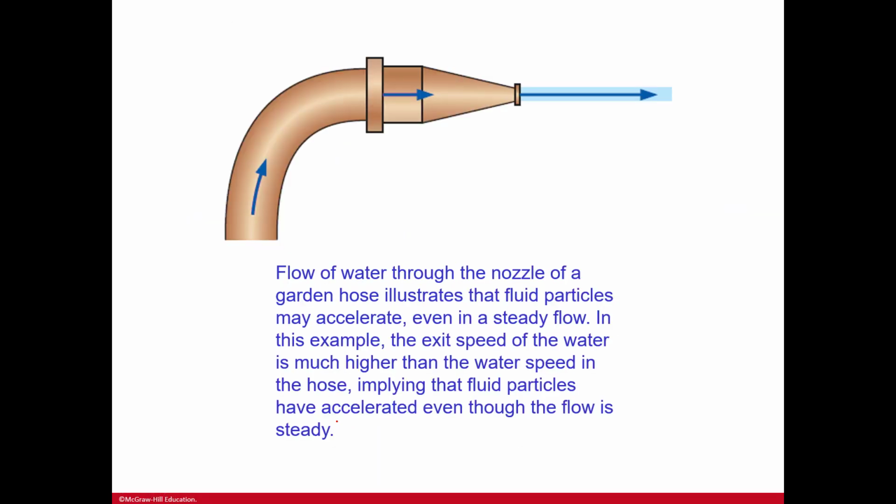And so here we have flow through a nozzle. What this is illustrating is that even if you have a steady flow, with the same amount of force through it, the same amount of input versus output, everything the same in what you are putting into it, just because of the geometry of the device or the position, even in a steady flow, the exit speed of the water is much higher than the input.